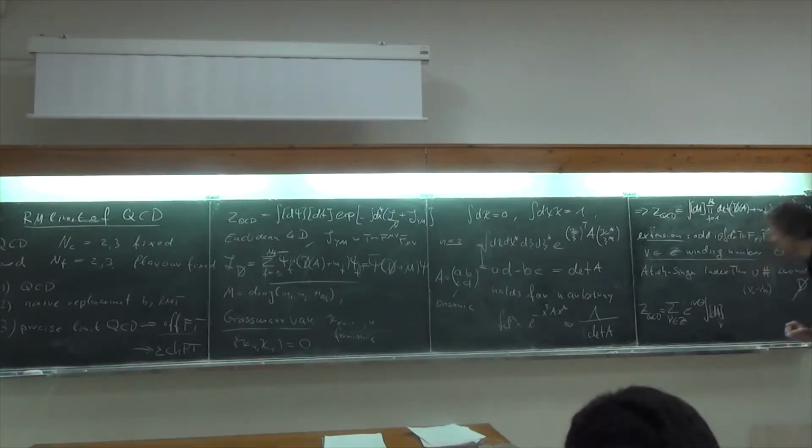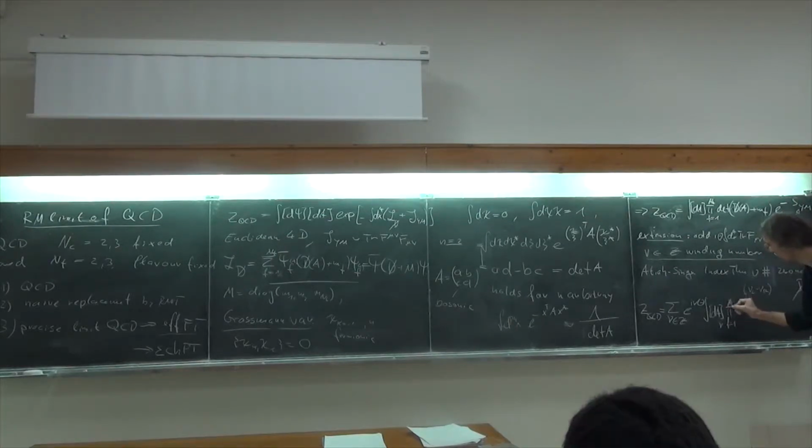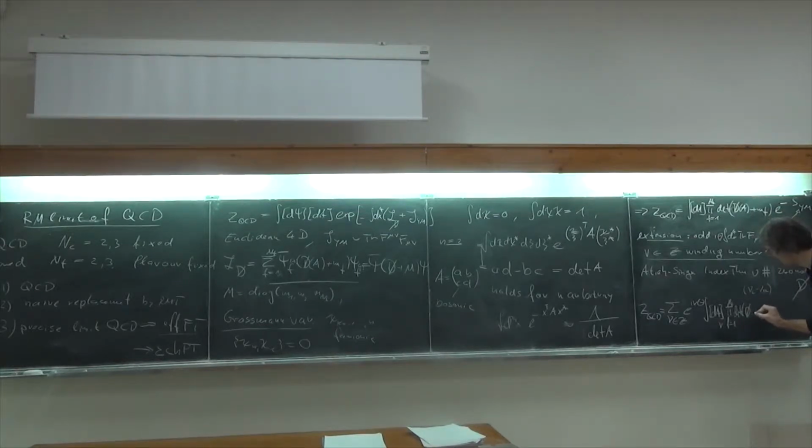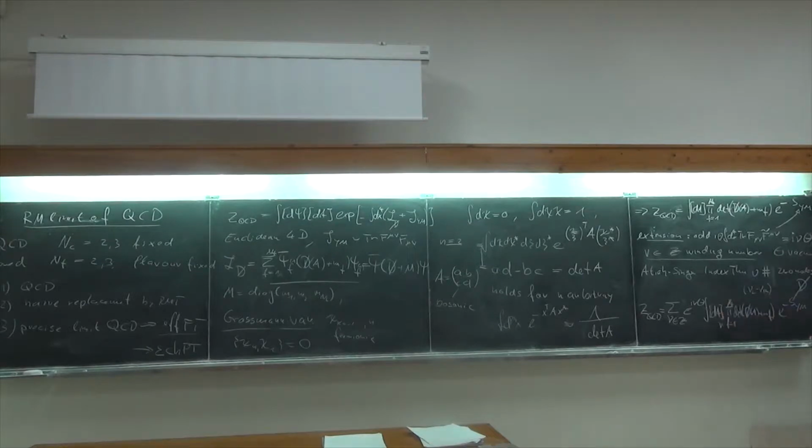So now I sum over all the different winding numbers. I will now have a Dirac operator here that has a fixed number of 0 eigenvalues, that is, the Dirac operator of a slash plus m_f, times e to the minus standard Yang-Mills action. The rest has been absorbed.